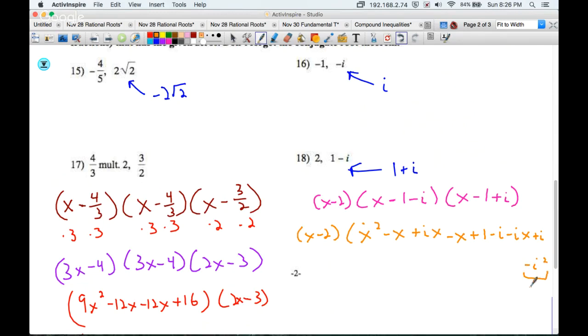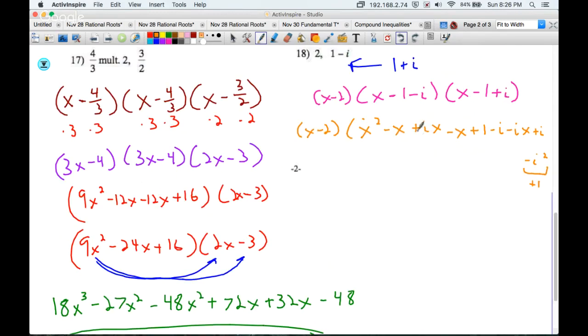That's going to become a positive 1. Let's see if some canceling happens. The ix and the negative ix, the negative i and the positive i all cancel. See what's left behind: x minus 2 times x squared minus 2x plus 2.